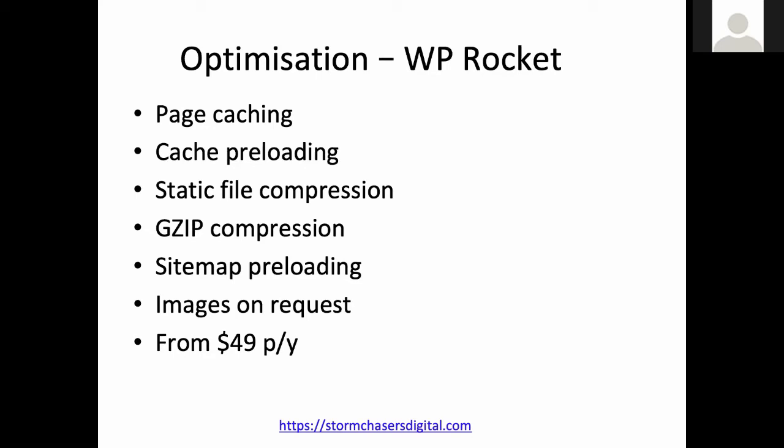Images on request means that you can set it so that if you've got 2 images and it's on a mobile device, it won't load the image down here until the person scrolls up, which means the bit that's actually on their screen will load quicker because it's not waiting for all of it. And the same on a desktop, because sometimes we have to scroll on a desktop as well.